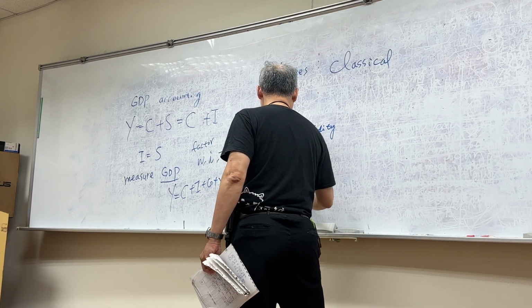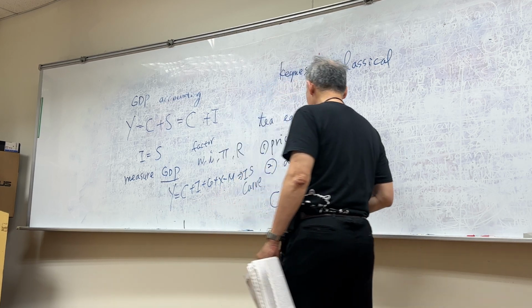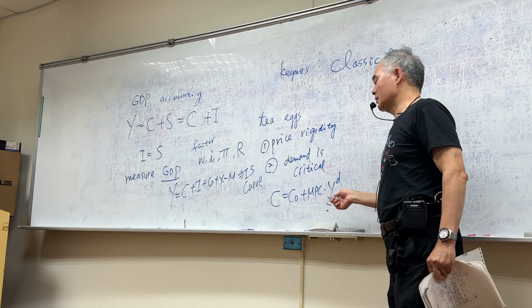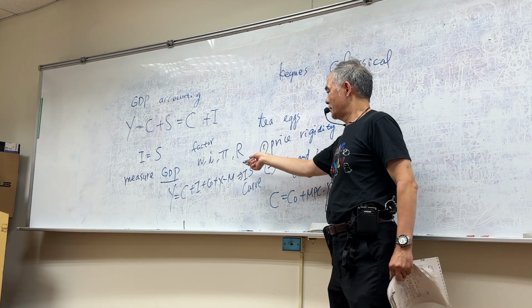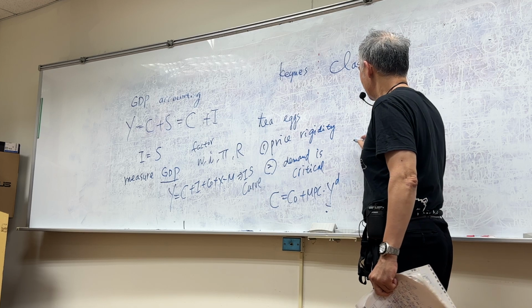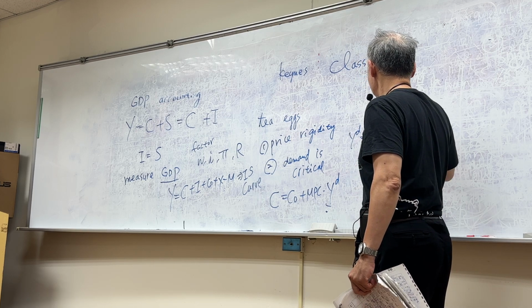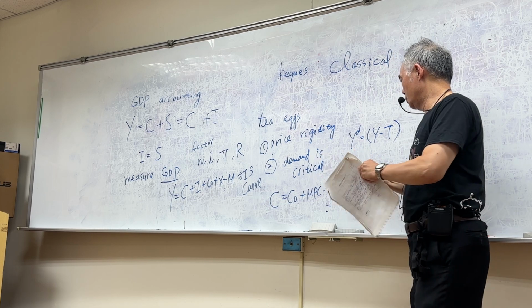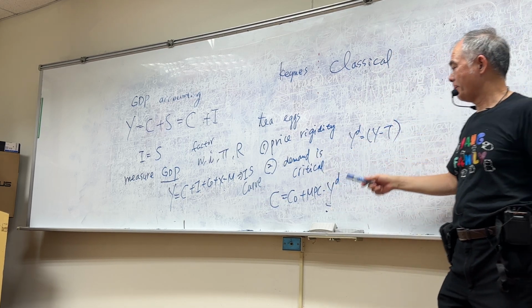C is equal to C naught plus MPC times Y little d. And again, this is important because you need this to calculate the IS curve. And so what is this? Y little d is equal to Y minus T. So after you pay your tax, then you can consume, okay?